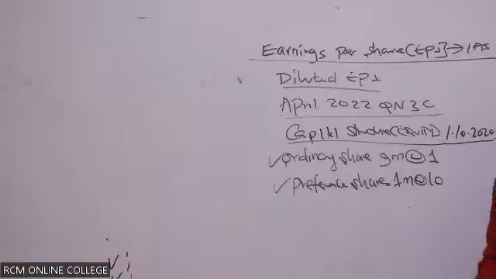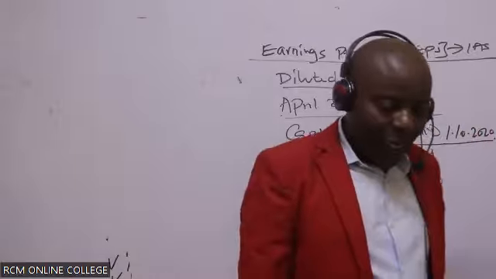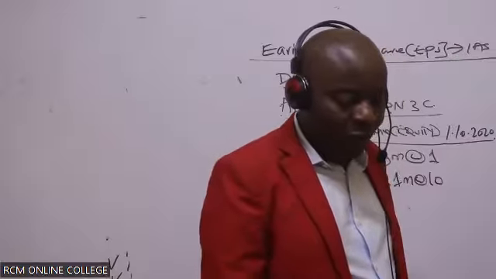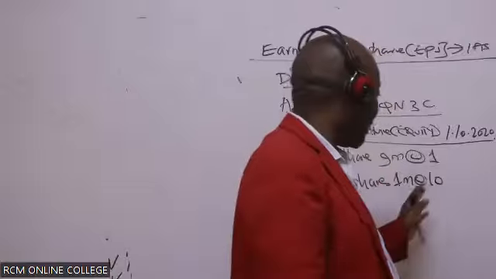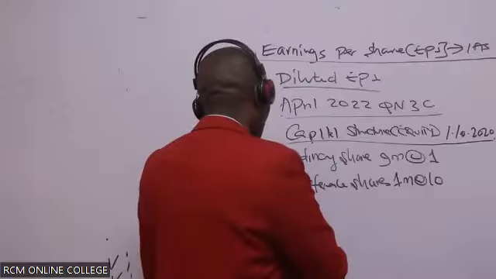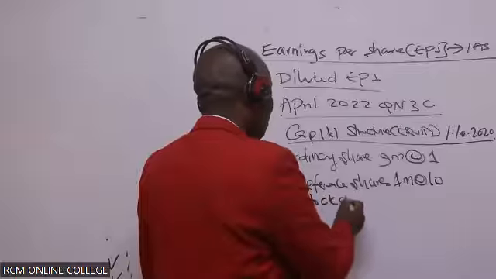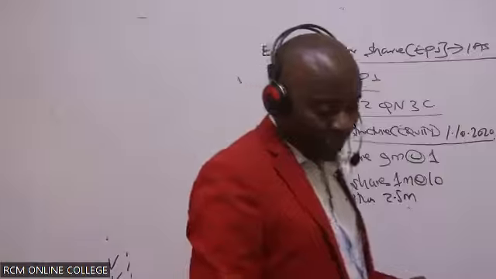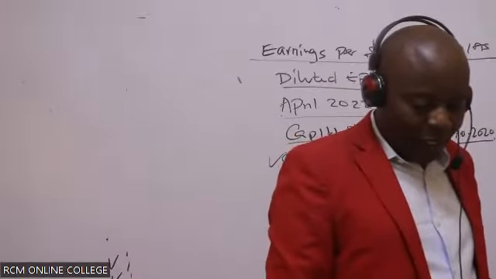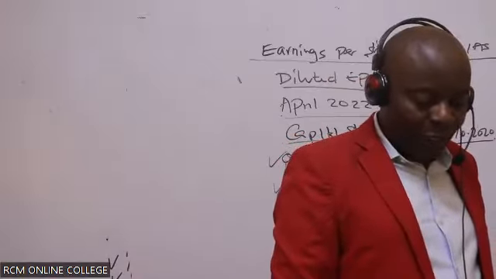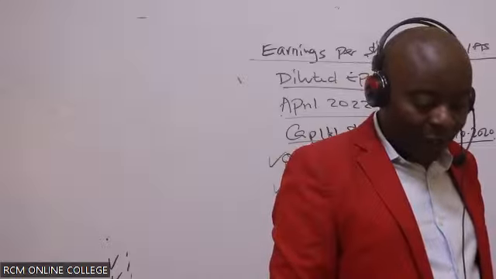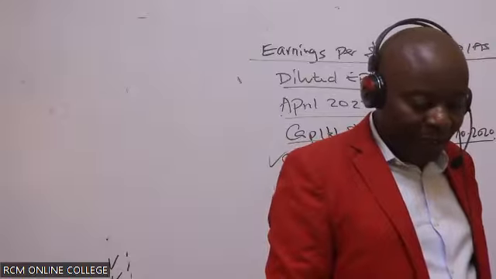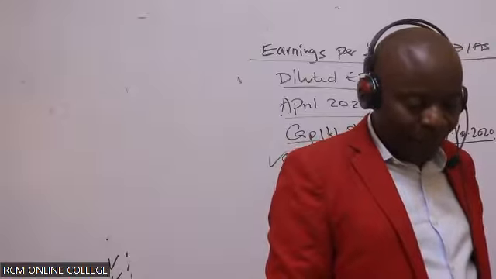All right. So then we are told, as at that date, R Limited also had in issue 2.5 million stock options. The average fair value per ordinary share during the year ended 30th September 2021 was 2.